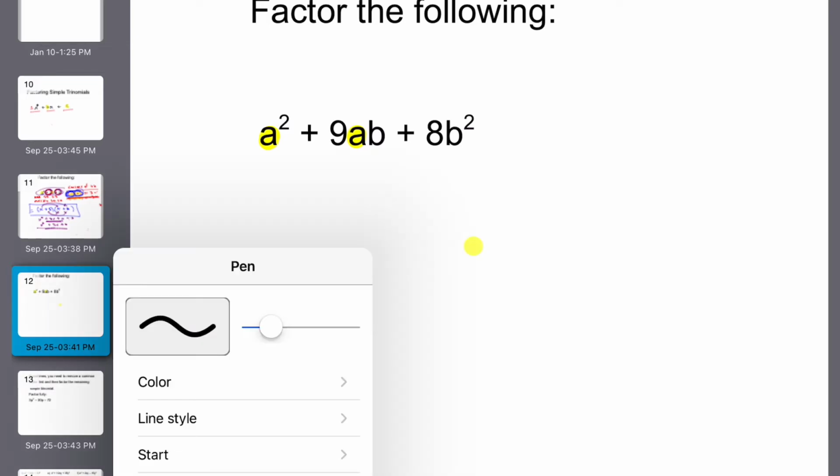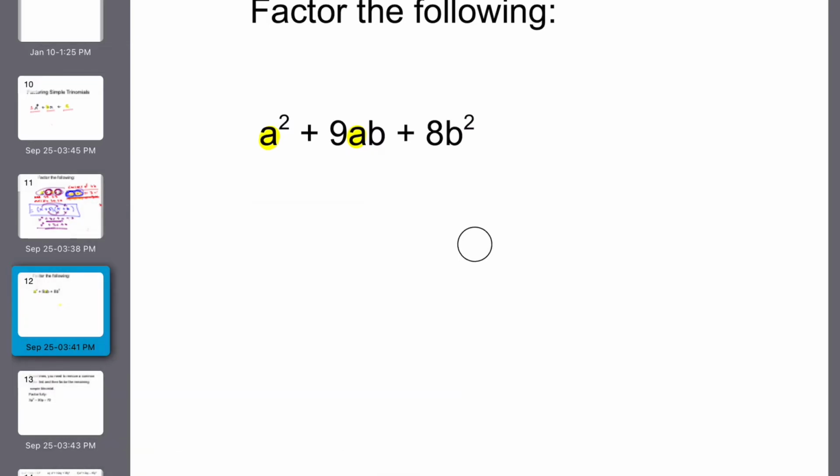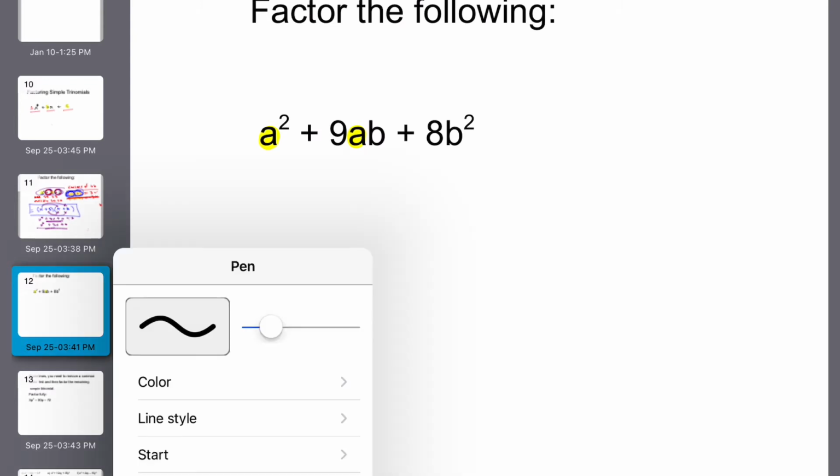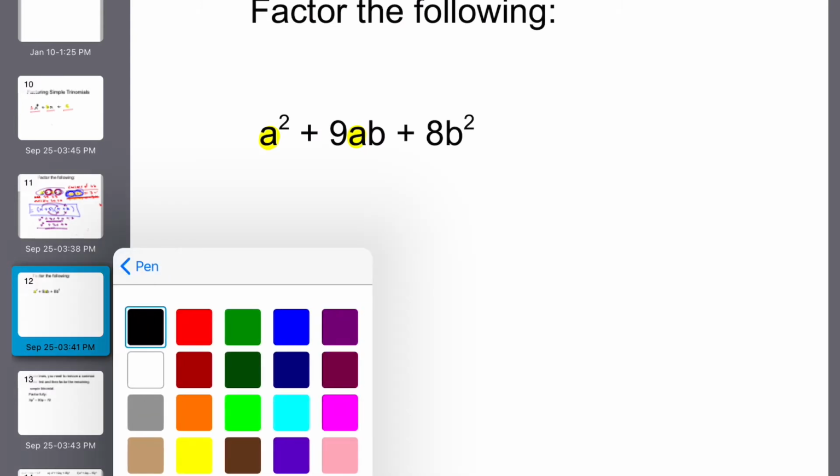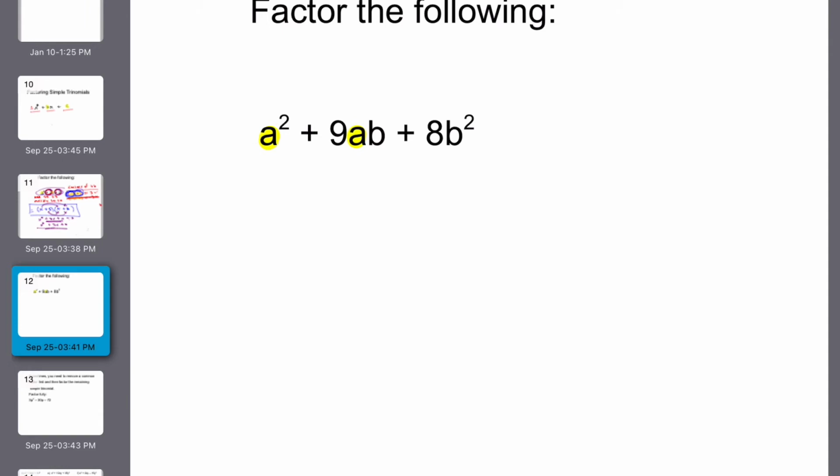Because we're going to do that, I'm just going to rewrite the middle 9AB kind of backwards. Let me show you what I mean. So I'm going to go A squared plus 9BA, and then everything else I'm going to leave exactly the same. All I did is swap the order of the A and the B there.